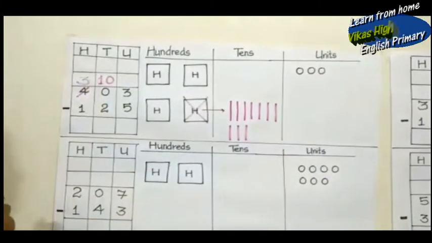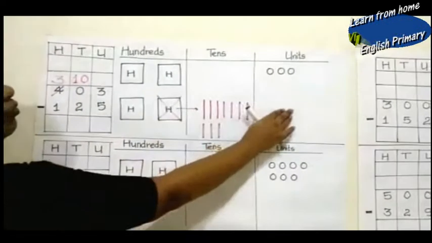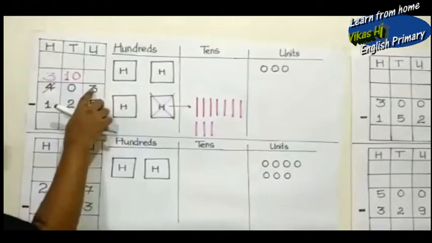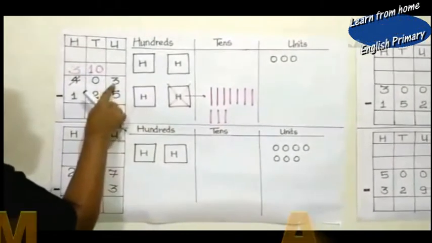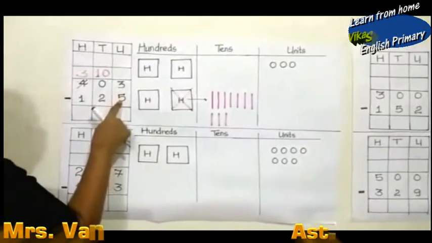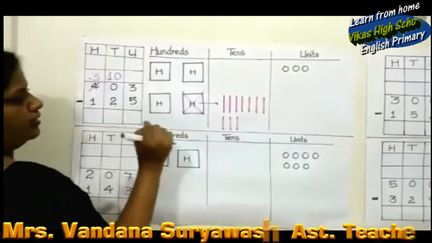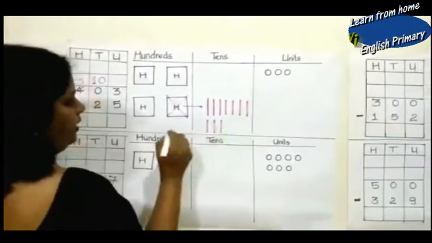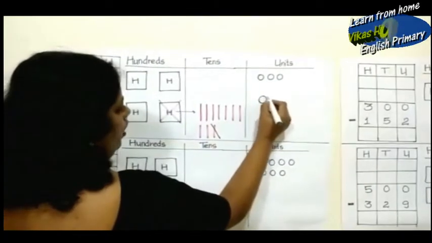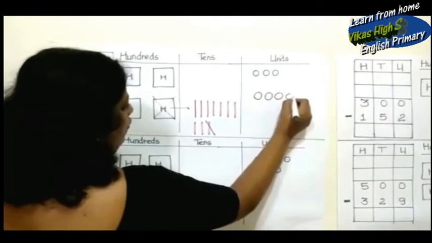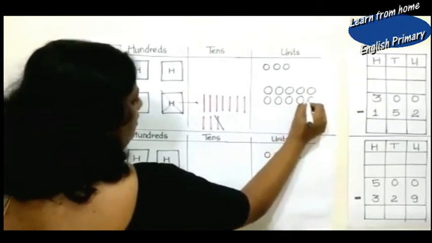Now from this tens, we have to borrow for the units column. So here we have got only 3 units. From 3 we cannot minus 5. So from these 10 tens we have to borrow 1 tens. So when we borrow 1 tens, here it becomes 1, 2, 3, 4, 5, 6, 7, 8, 9, 10.